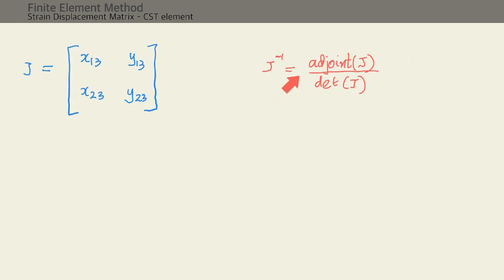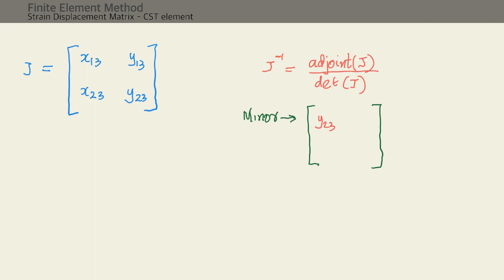To find the adjoint of the matrix, first we have to write the minor of the matrix. To get the first element in the minor, we consider the first element in the matrix and cross the corresponding row and column, and what remains is written. So y23 comes here.